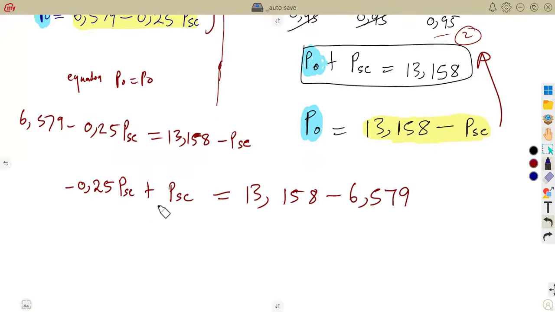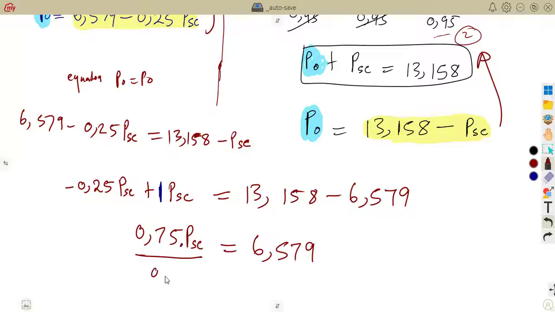This is just simplification. Here it's 1, same as 1. Remember your algebraic expression. So you're going to add these two, minus 0.25 plus 1, which was going to give us 0.75 P short circuit. Then you subtract this side, that was going to give us 6,579. Then simply divide, guys, since this is a multiplication, by 0.75 both sides.